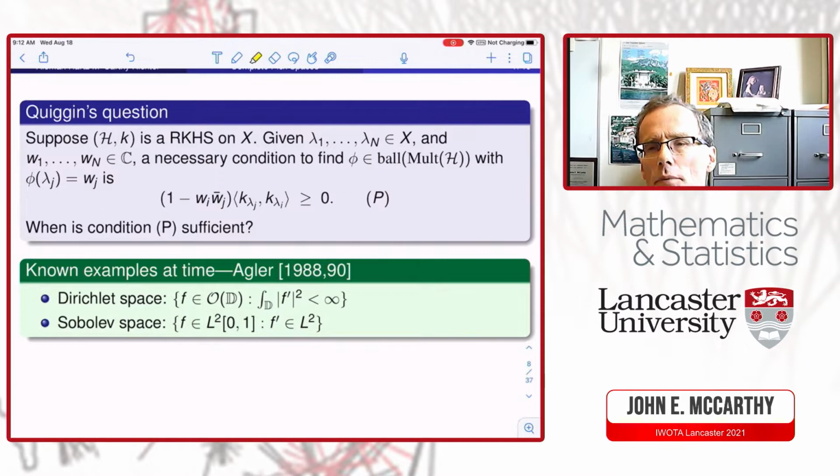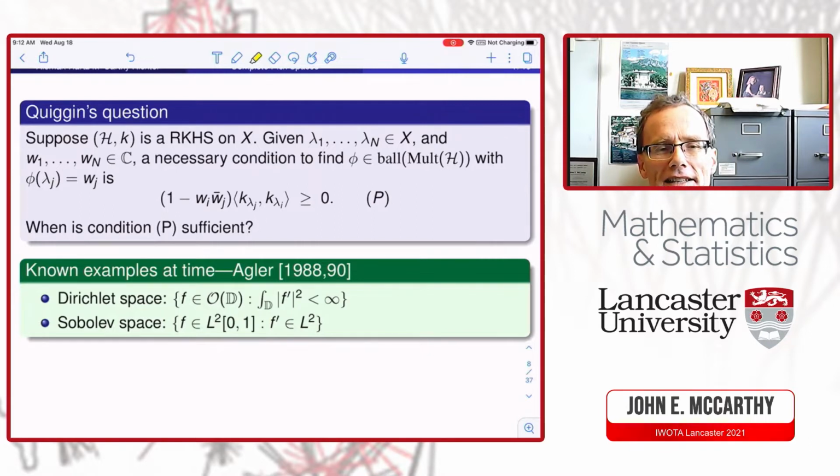And the second example is kind of a weird one because there's no analyticity involved. You just take the Sobolev space on the unit interval, W^1_2 or W^2_1, depending on your conventions. Since we work in holomorphic spaces generally, we don't like using H for Sobolev, so we use W.